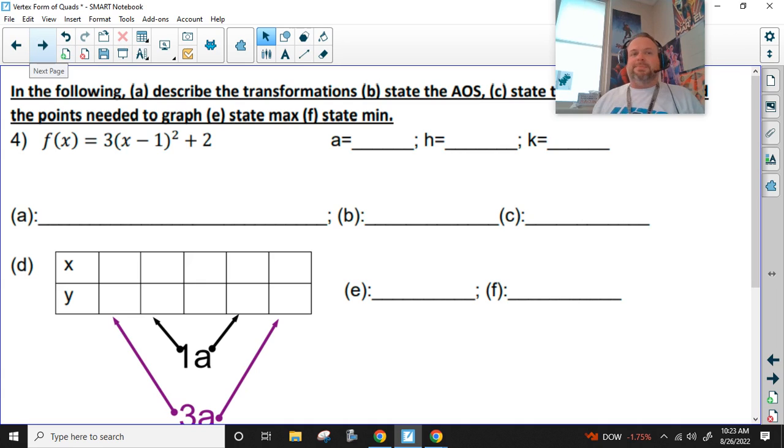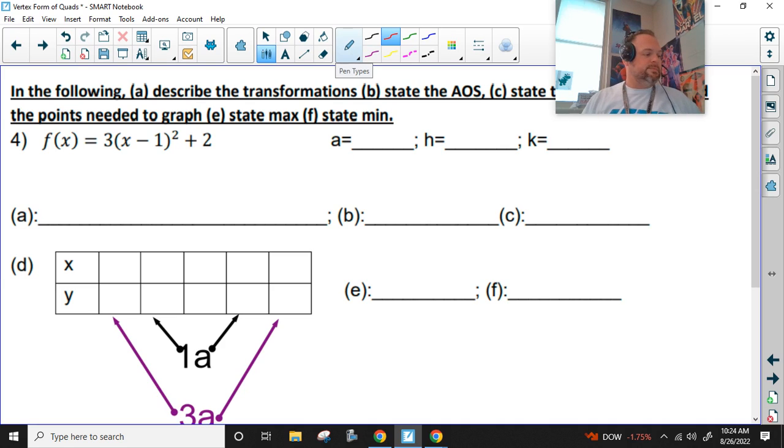Let's look at this one. This one looks different, but we're still going to do about the same stuff. Notice I'm still doing this with you. I'm not turning you loose yet. What's our A value? 3.